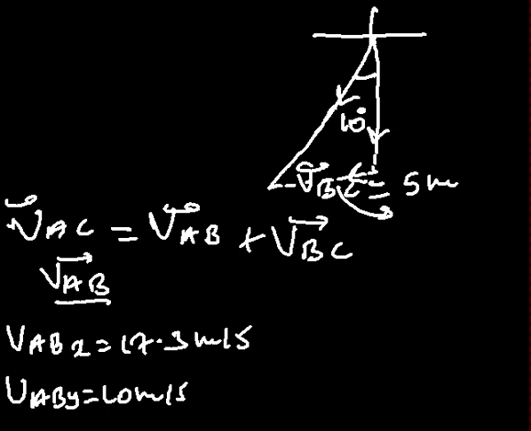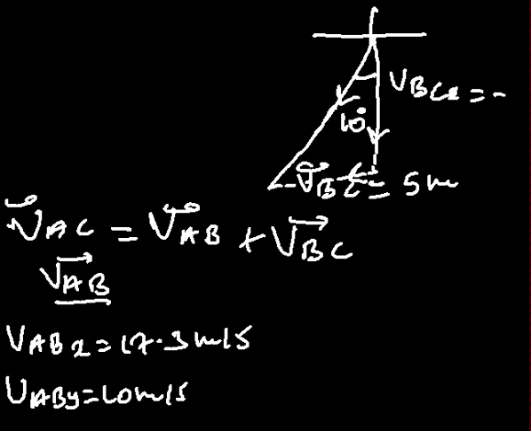So what is the x component? We have opposite over hypotenuse. That would be sine. So we'll have VBCX given as, now since it is going towards the negative direction, which is this direction, we have to put negative there.